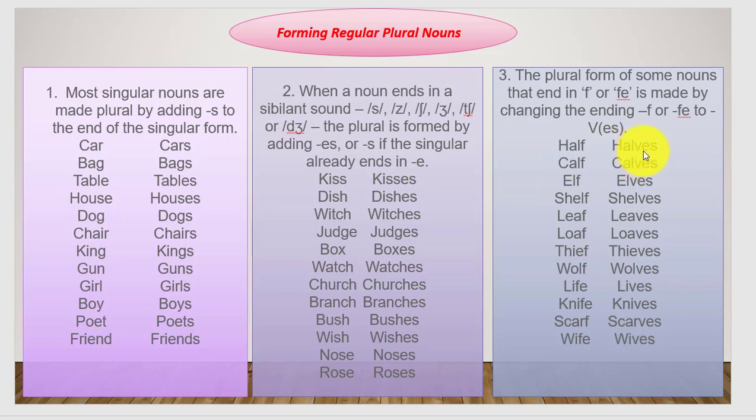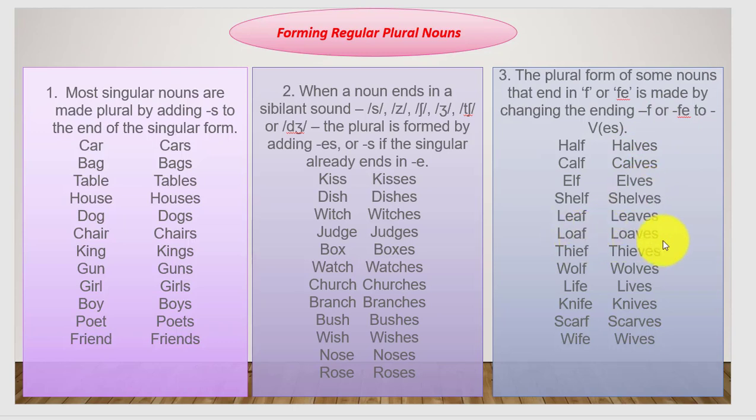This one is halves. It will be wrong to say divide the cake into two halfs. You say divide the cake into two halves. Calf, calves. Elf, elves. Shelf, shelves. Leaf, leaves. So you can see that f or fe is replaced with v, and then we add es further to it.